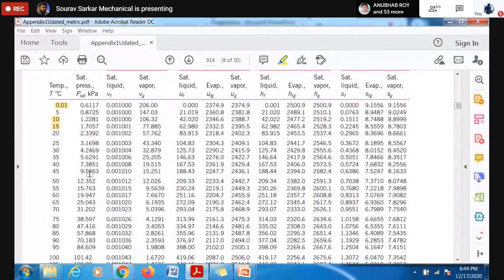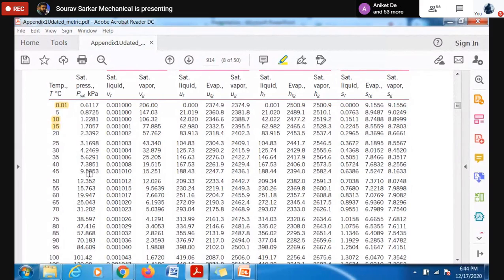I told you that whenever there is boiling, if you fix the temperature, the pressure will get automatically fixed, or vice versa. If you fix the pressure, the temperature is directly fixed, because they are not two independent parameters.